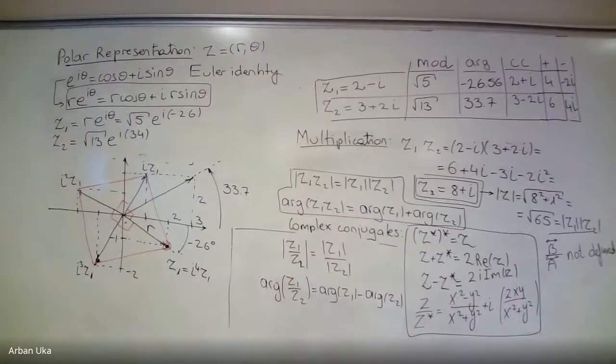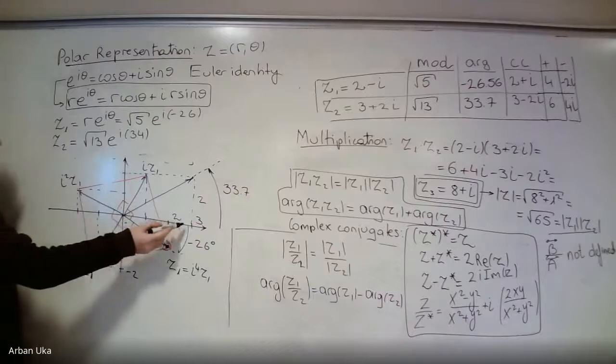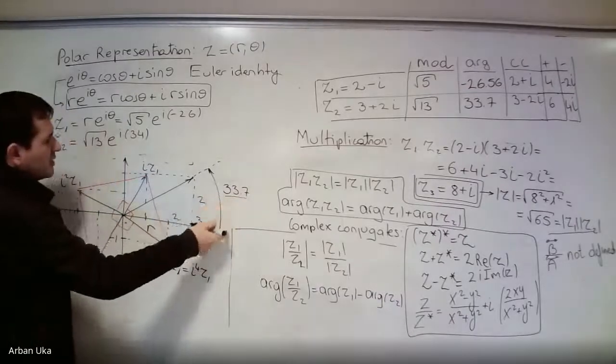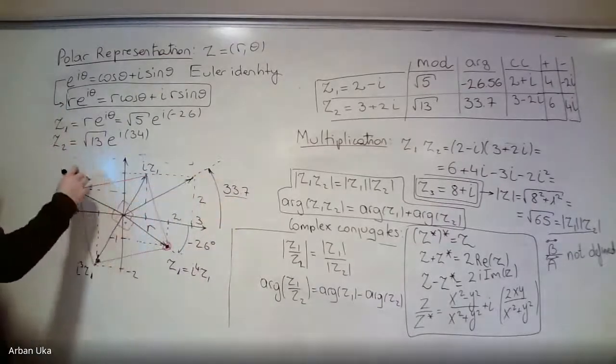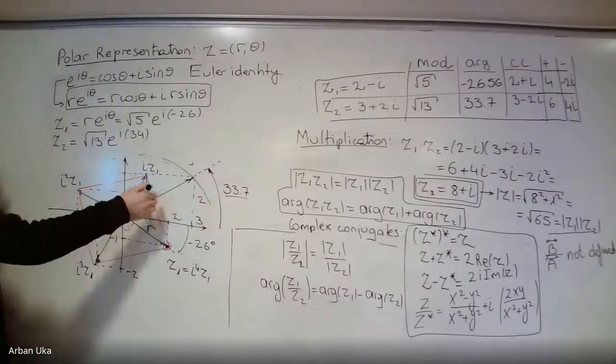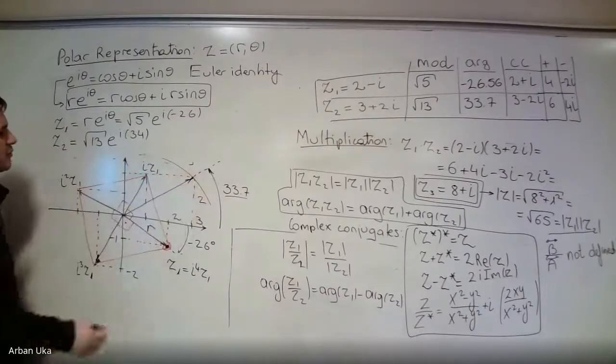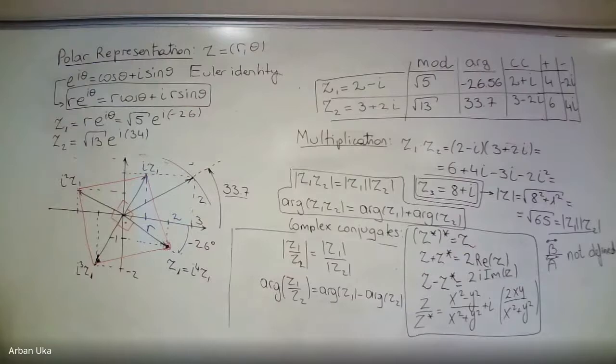It's 33.7, so 34. So how are we going to find Z2 on the plane? We just construct an angle of 34, which is 33.7 here, and then we determine all the points on a circle with a radius of square root of 30. The intersection point is Z2.